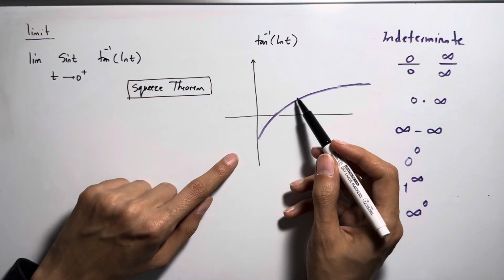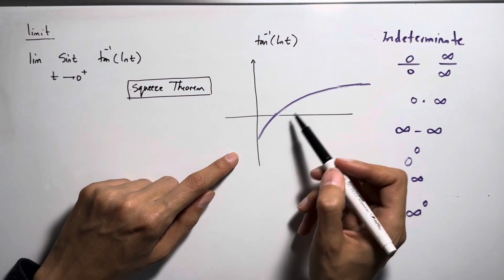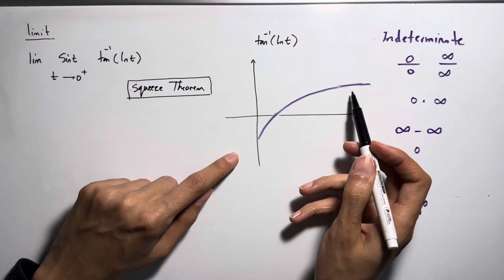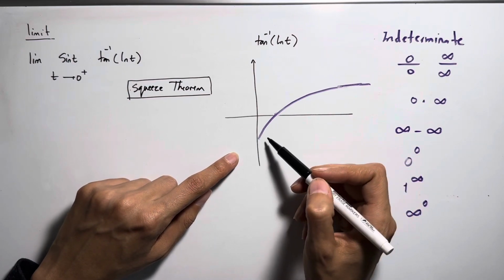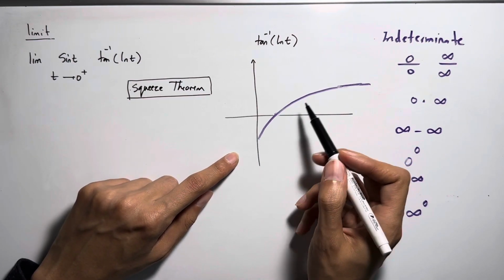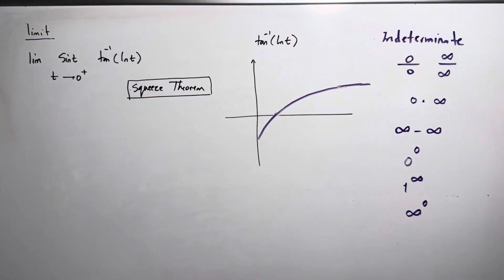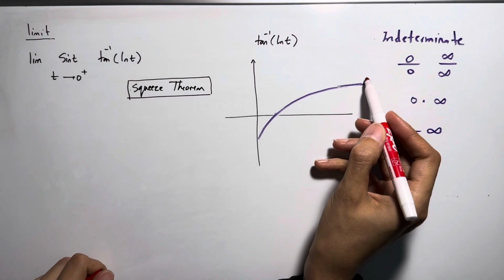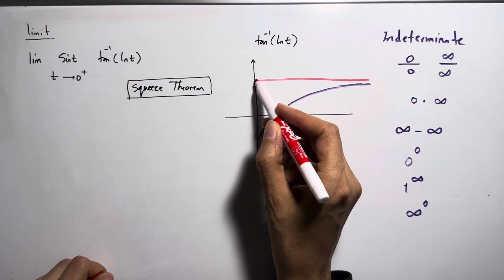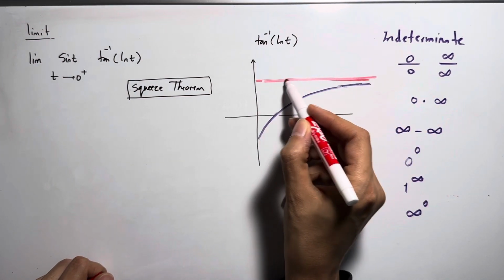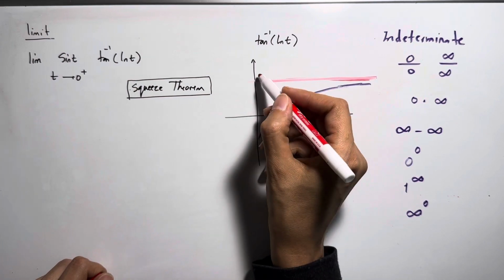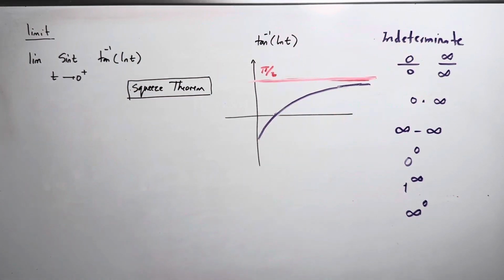The behavior of the graph of inverse tangent of ln of t is like this. The function is always less than or equal to pi over 2. The maximum value it takes is pi over 2.